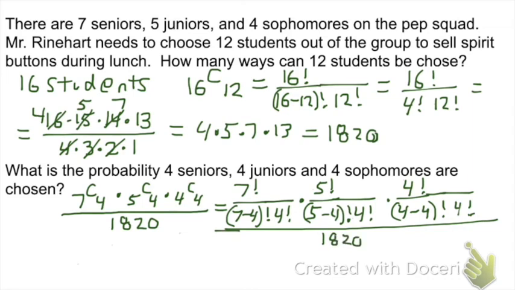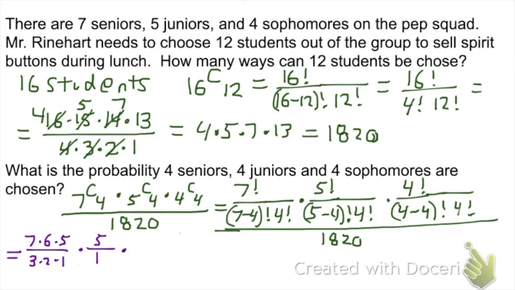So when we simplify these, we have 7 factorial over 4 factorial. That becomes 7 times 6 times 5. We have that 7 minus 4 factorial, which is 3 factorial left, which is 3 times 2 times 1. And we have 5 factorial over 4 factorial, leaves just the 5. We have 5 minus 4, which is 1 factorial, which is just 1.